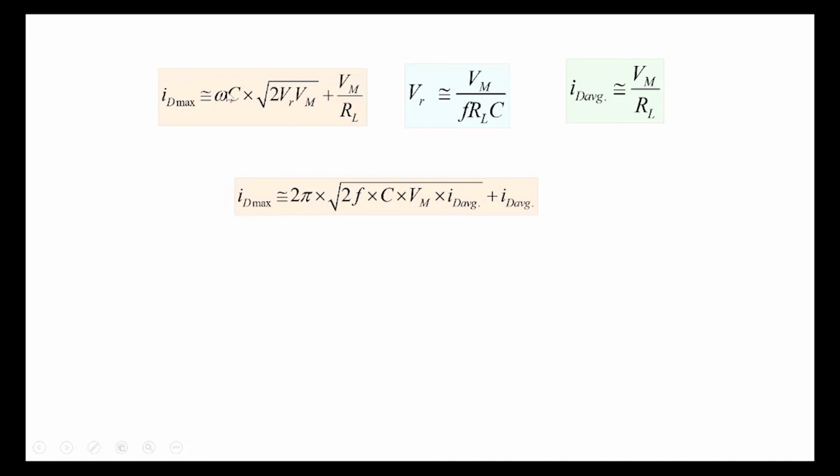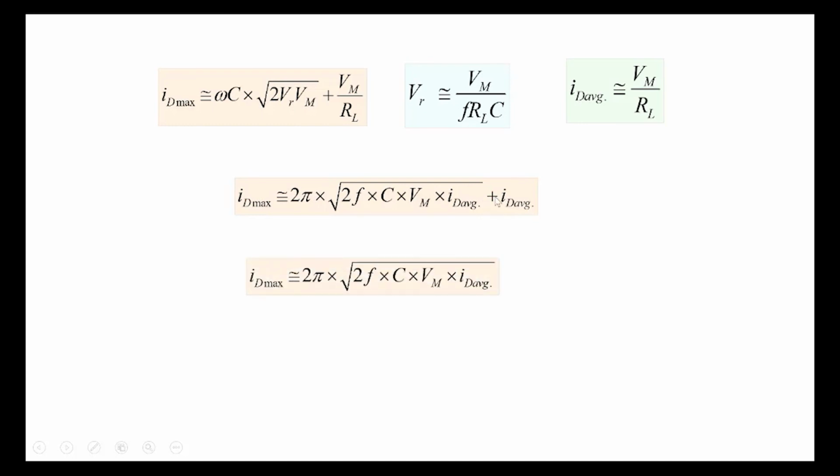ID max is omega c here. We can combine these equations. We use the expression for VR given over here, plug it in, and take C inside. So we can write ID max as 2 pi in this equation.